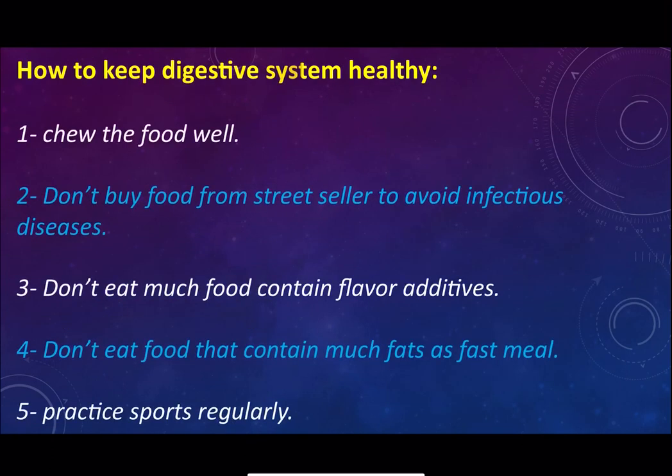The last point inside our lesson: how to keep the digestive system healthy. Number 1, chew the food well. Number 2, don't buy food from street sellers, to avoid infectious diseases.